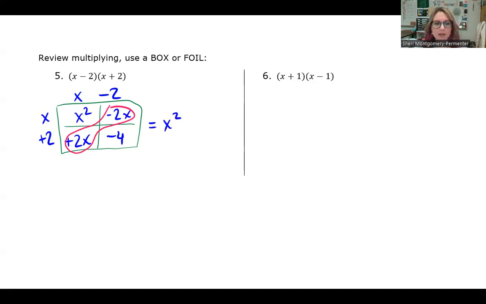So we get x squared. What is 2 minus 2? 2 minus 2, 0. So we don't have any more of that because it cancels out. And we're just left with -4.